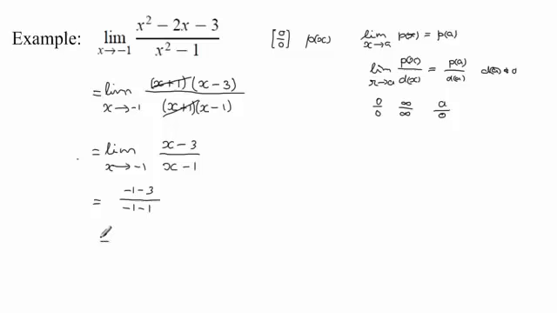So what we're going to get here is minus 4 over minus 2. Then simplifying, we'll see that the limit of this rational expression is 2.